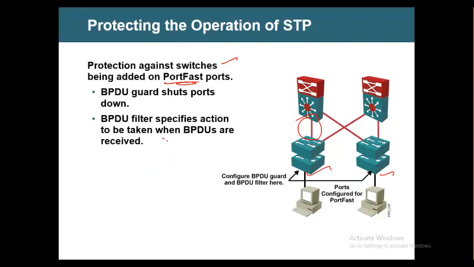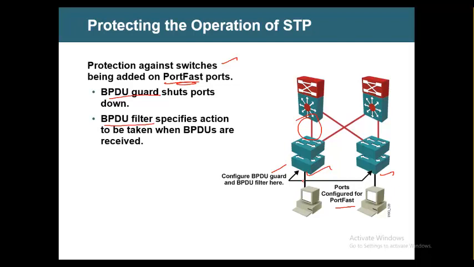We also have two more to protect us from this type of BPDU. One is BPDU guard, another one is BPDU filter. We can enable BPDU guard along with port fast, or without port fast you can have BPDU guard. What does BPDU guard do?